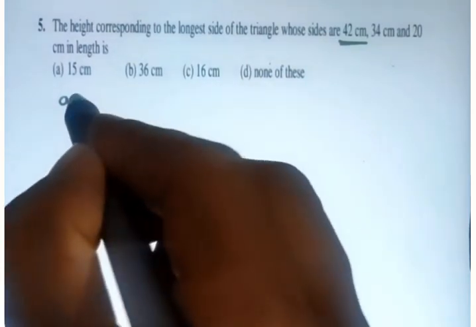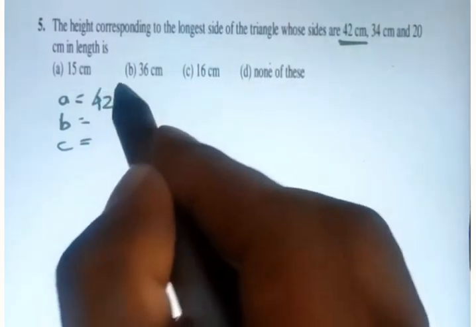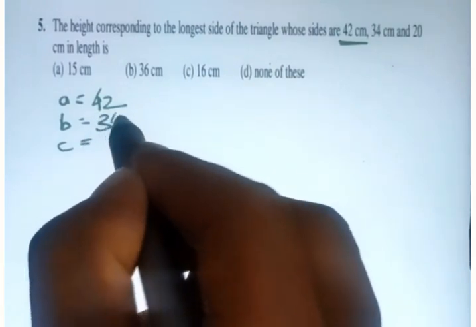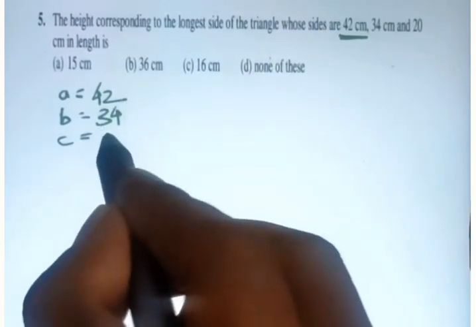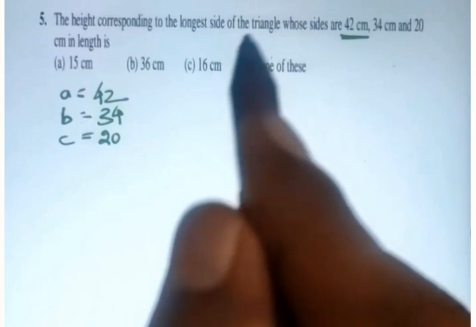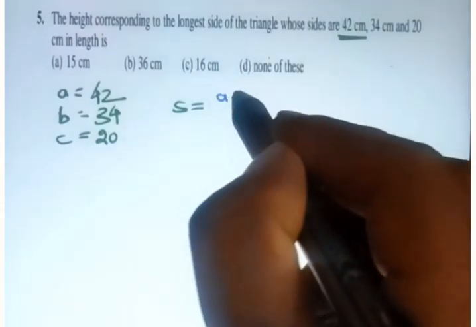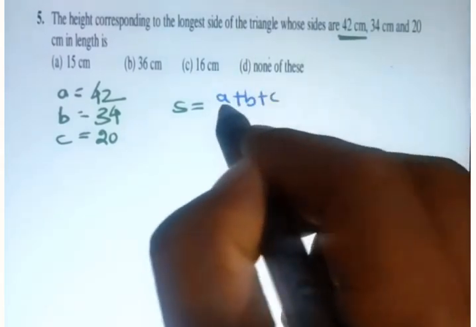So for that we will apply Heron's formula. Let's write down the values of the sides given first, A, B and C. A is 42, B is 34 and C is 20. So the semi perimeter will be A plus B plus C upon 2.